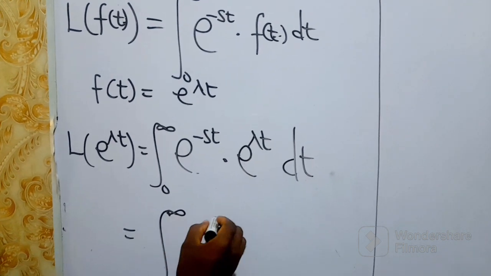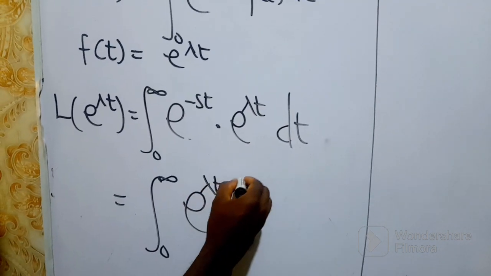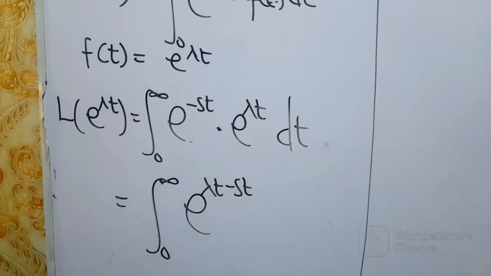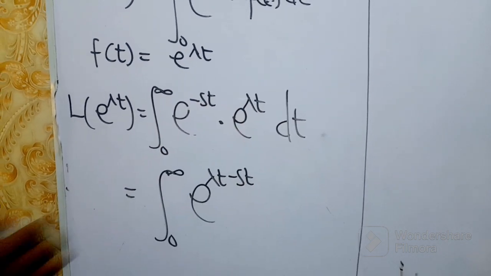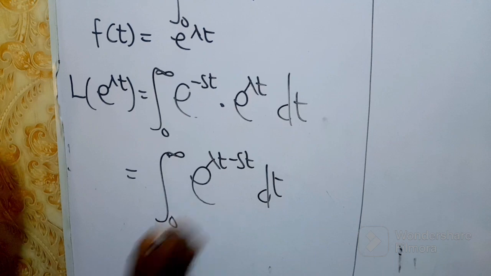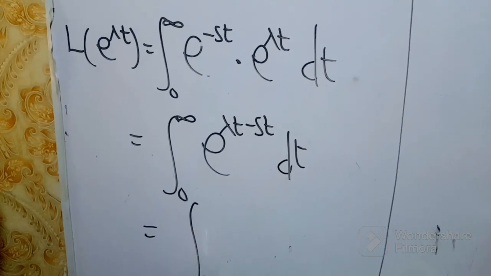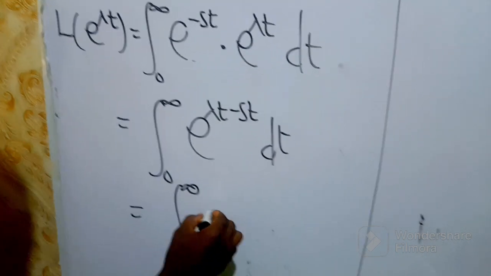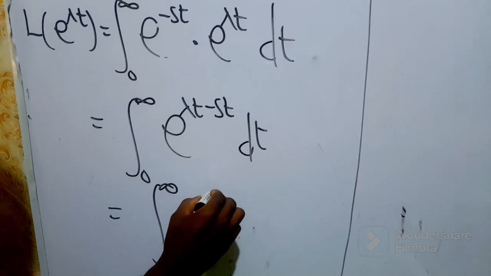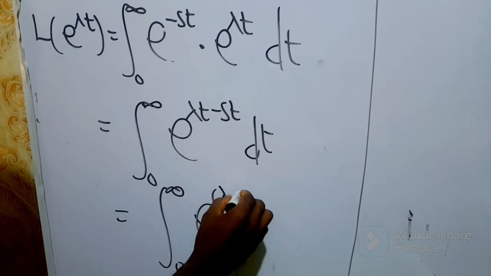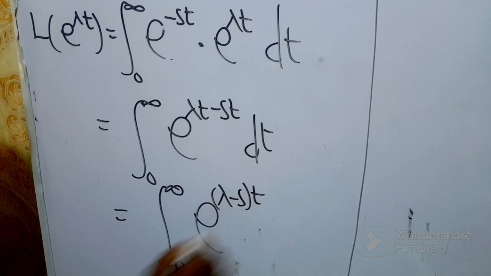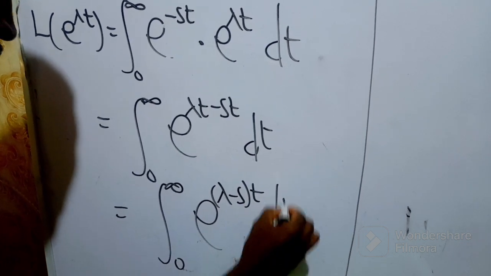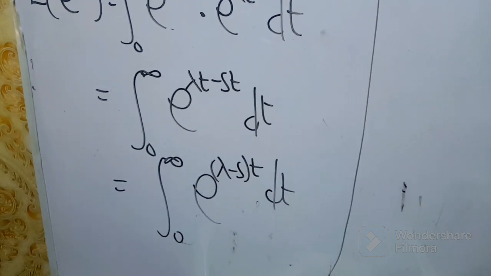We'll say e exponent lambda t minus st. So I'm adding the two, positive minus the negative, dt. This can be rewritten as integral spanning from 0 to infinity of e bracket lambda minus s all times t dt. I just factor out the t.